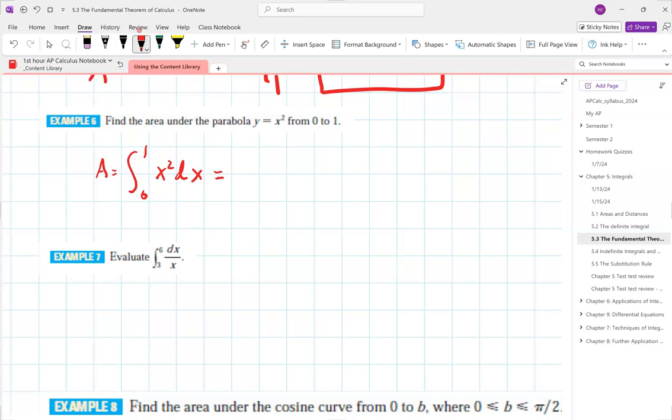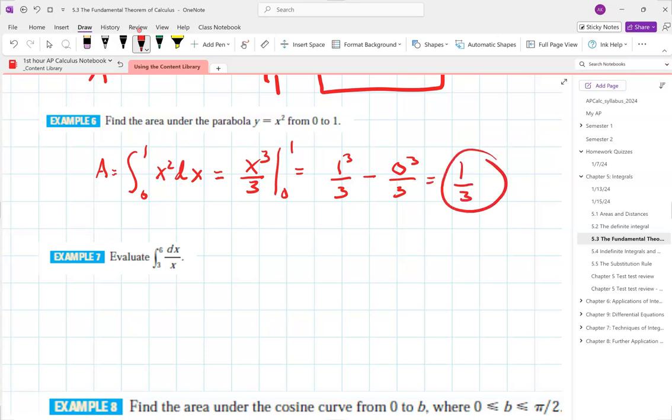What's the antiderivative of x squared? X cubed over 3. And then if I evaluate that from 0 to 1, I'm going to have 1 cubed over 3 minus 0 cubed over 3. So I just get 1/3. Feel okay?